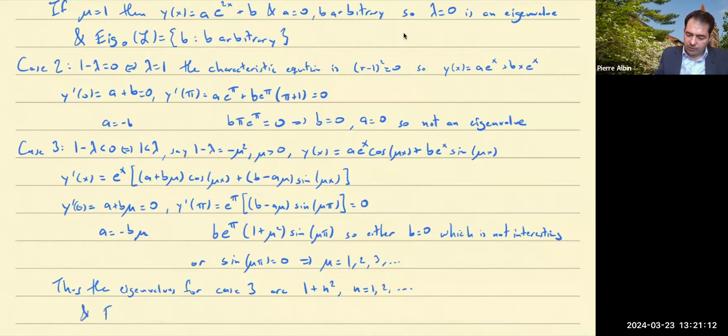And the corresponding eigenspaces would be b times e to the x times sine of nx minus n times cosine nx, with b arbitrary.